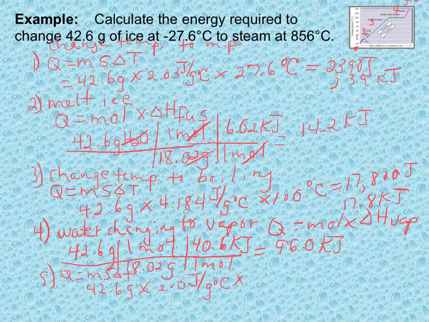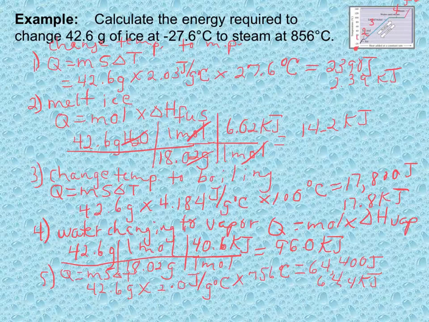Our temperature is at 100, and we want to go all the way up to 856, which 856 minus 100 gives me a delta T of 756 degrees Celsius. When I multiply this, I get 64,400 joules, or 64.4 kilojoules.